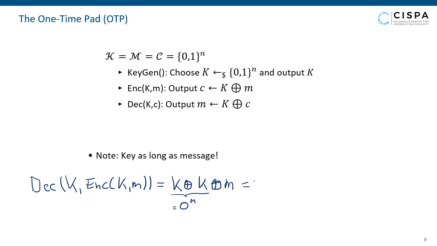So this is m. And we don't need to bother about the random choice of k. This holds for any choice of k.